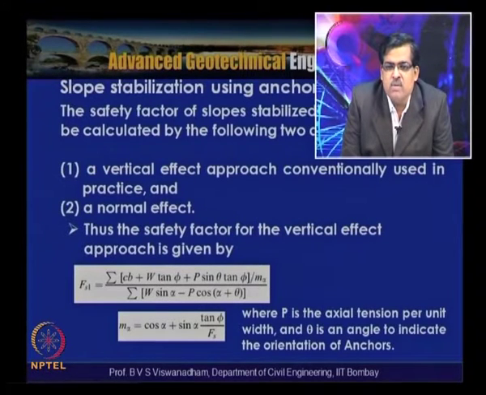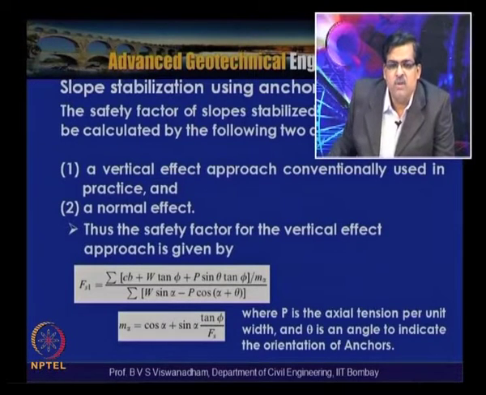Thus the safety factor for the vertical effect approach, with the modified Bishop's method, is given by factor of safety 1 equal to the following, where M alpha is nothing but cos alpha plus sin alpha into tan phi by factor of safety. Here P is the axial tension per unit width and theta is the angle indicating the orientation of the anchors.